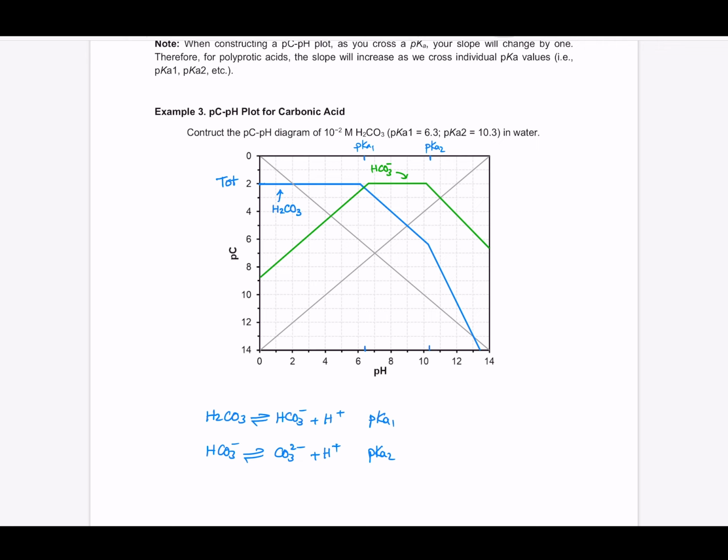The other species, the last species, we have this one, which is basically starting from the very left side of the graph, passing 1 pKa, then the slope changes by 1, and now another pKa, so the slope changes now by another 1 unit, so minus 2. So this would be the CO3 2-.